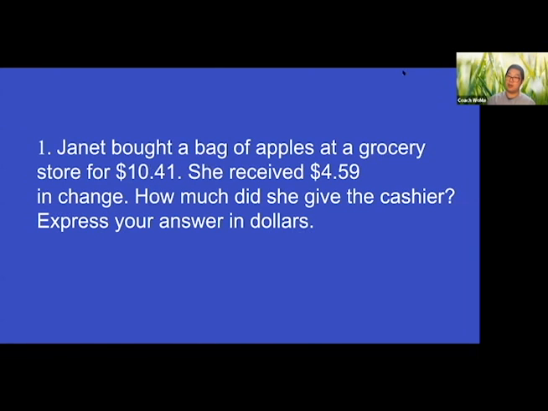So if I bought something for $20, but it was only $10, the cashier would give me $10 change. Okay, I'll go over this in one more minute.